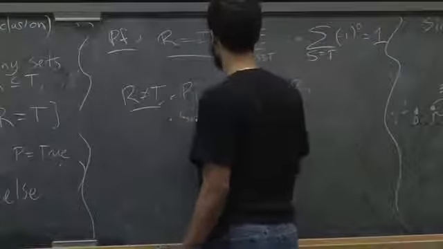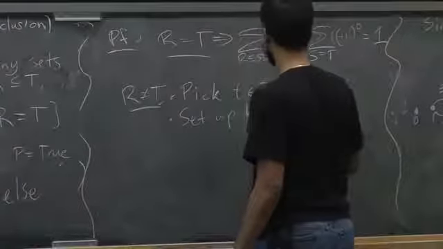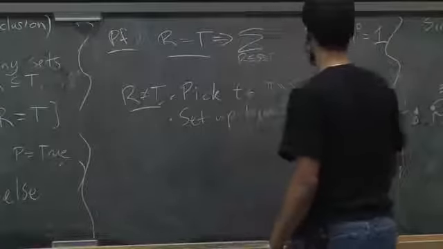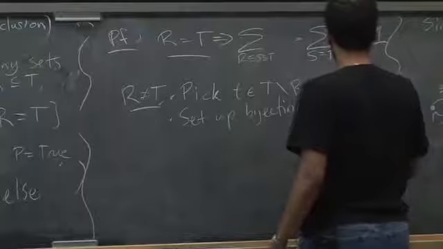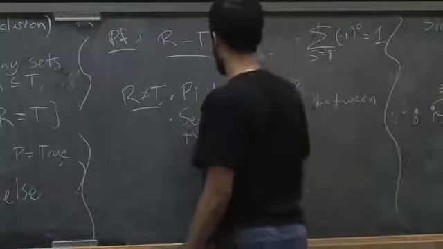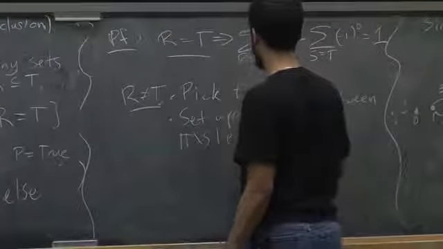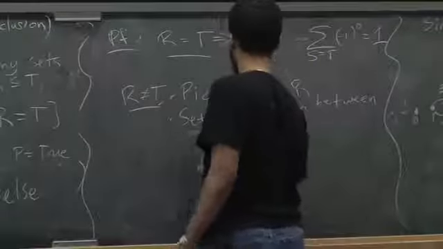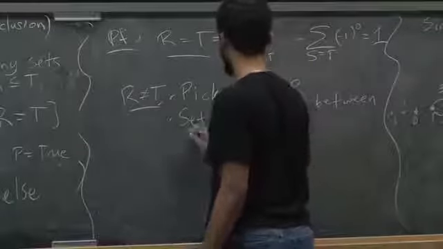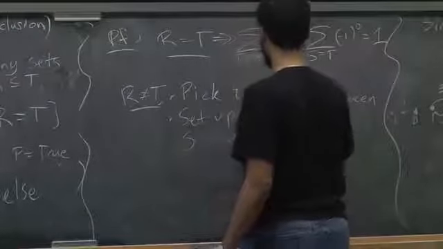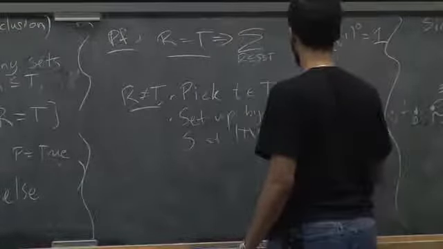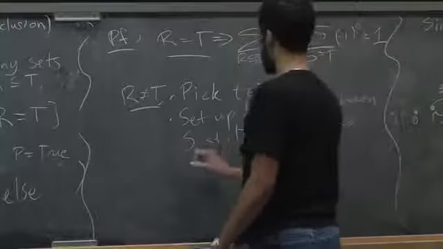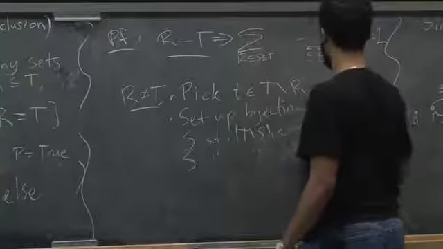And then we set up a bijection between S such that T minus S is even and S such that this thing is odd.